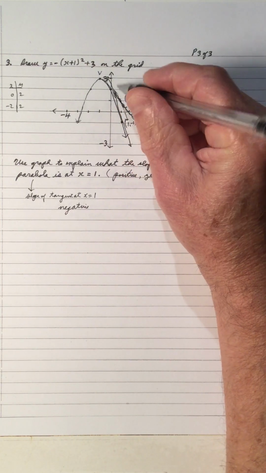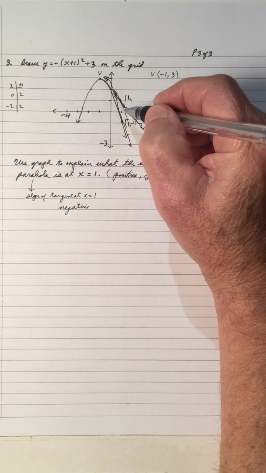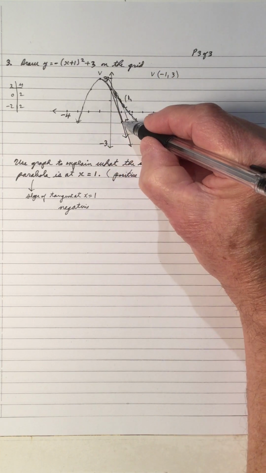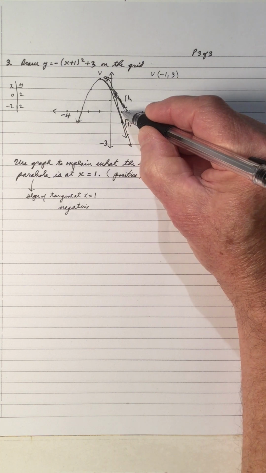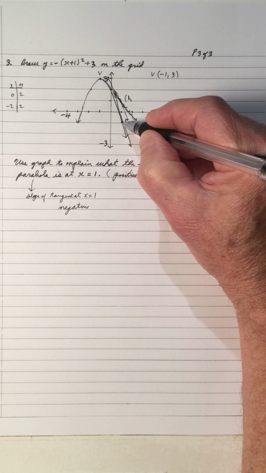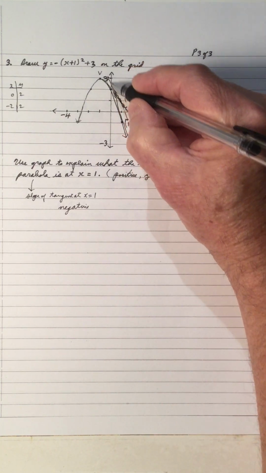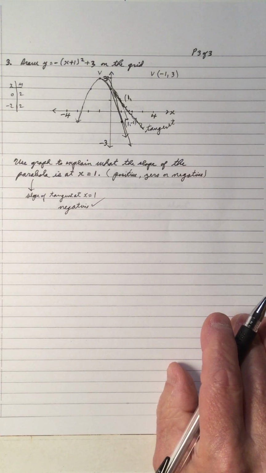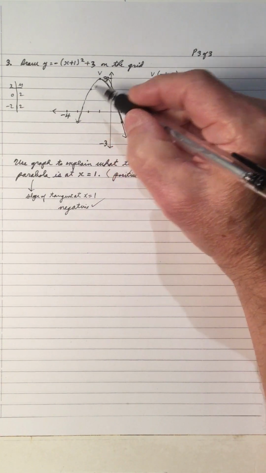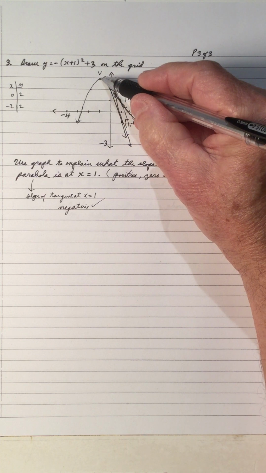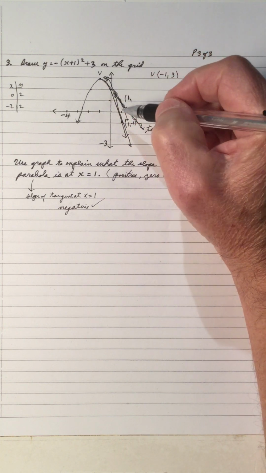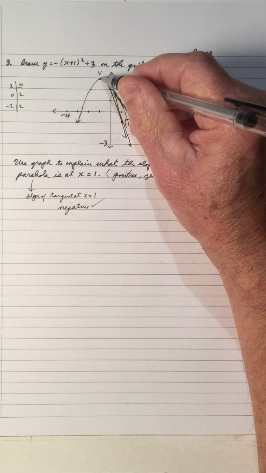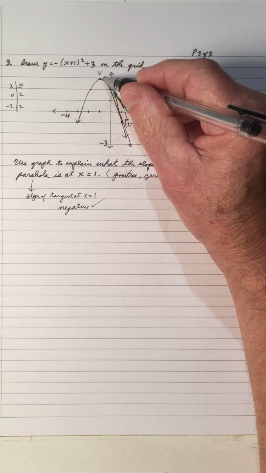So if I found the x-intercepts and plotted more points, then I would realize that this point right here is x is 1, y is negative 1, and the slope of this tangent is negative, so the slope of the curve is negative. So negative is the answer. If the slope at x equals negative 1, the slope of the curve would have been 0.